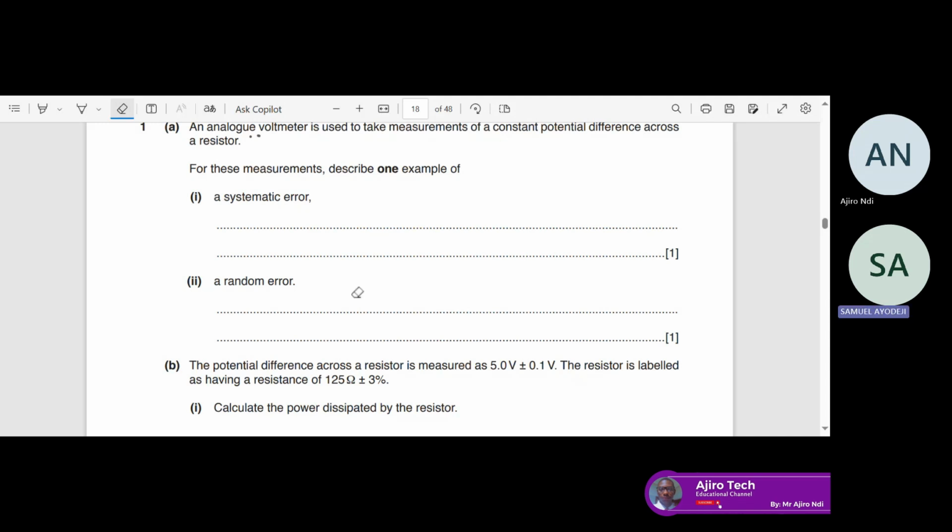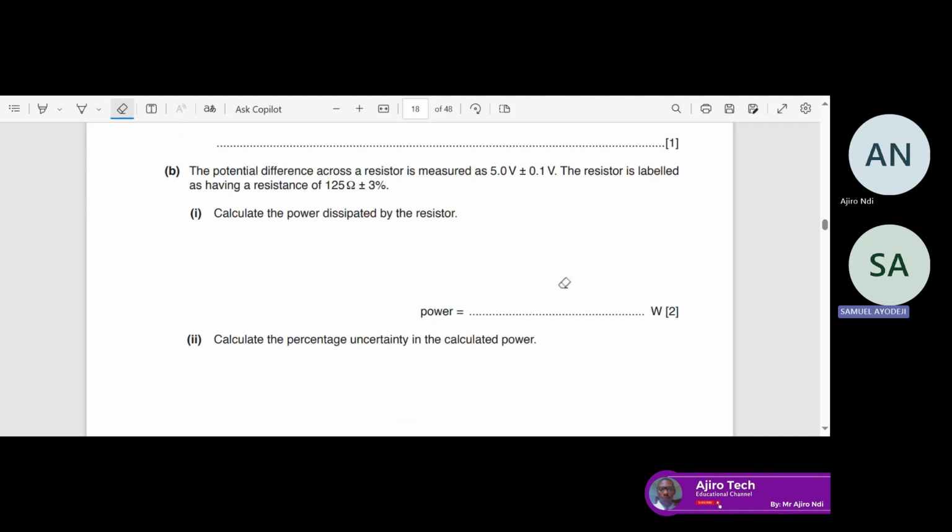So not closer to each other. Now moving on to this type. You have V and you have a resistance R. This is the V, this one is the resistance R. Calculate power. Under electricity, there are three formulas we can use for this.